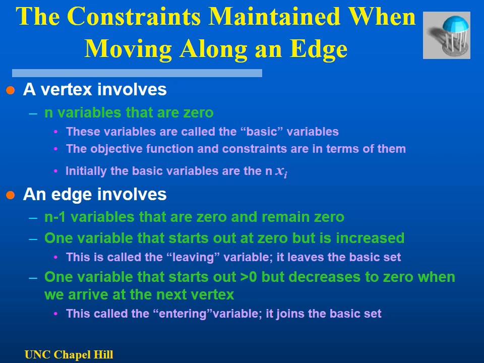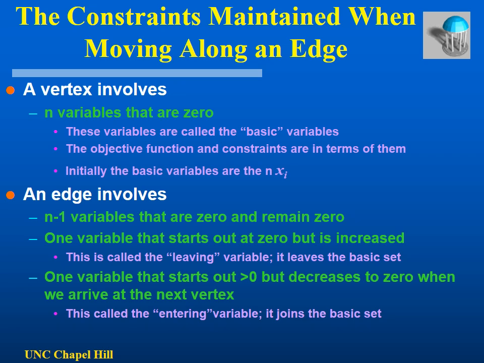And we call this the leaving variable. It leaves the basic set. The basic variables are all 0. This one becomes greater than 0, and so it leaves the basic set.